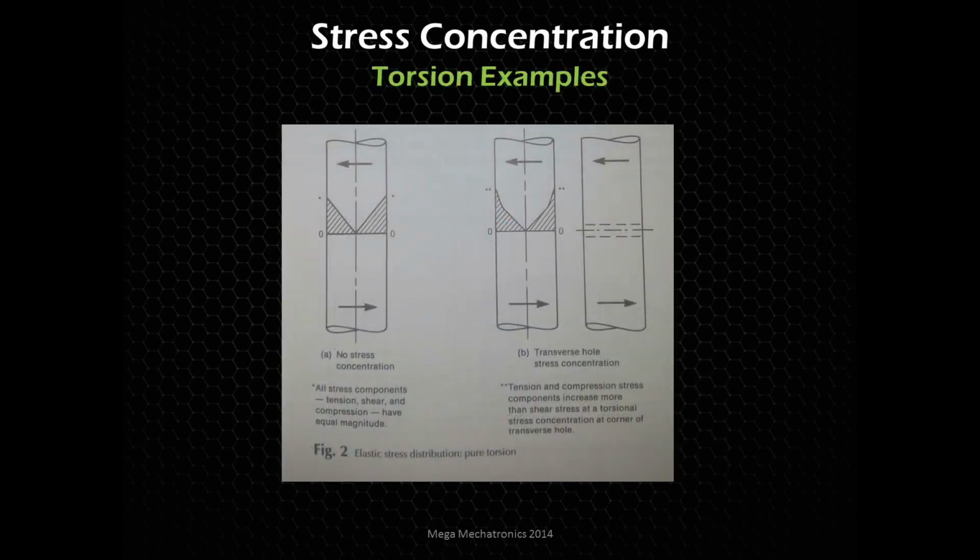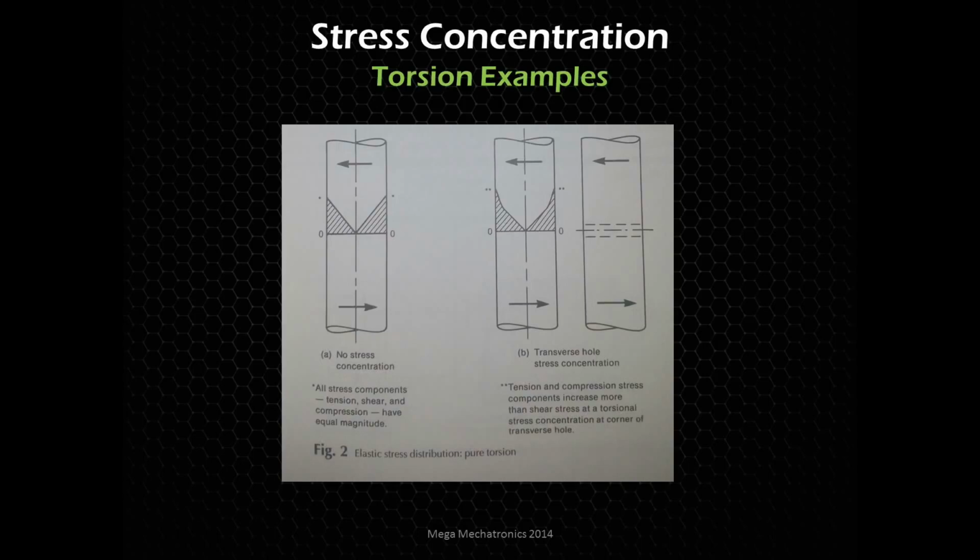Now let's look at torsion. This is where we're twisting this rod or this part right here. Again, on the left, we see there are no stress concentrations. Because we are twisting it, you see there's no stress in the middle, because that's almost like a pivot point, and then the max stress is on the very surface. That's just how materials react under torsion.